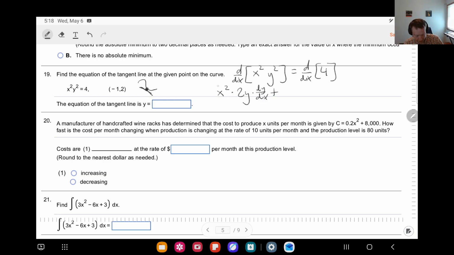So I just did x squared times the derivative of y squared. Now we take the derivative of x squared times y squared. And d dx of 4 is 0.